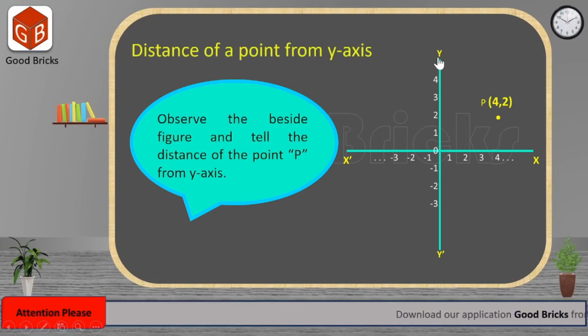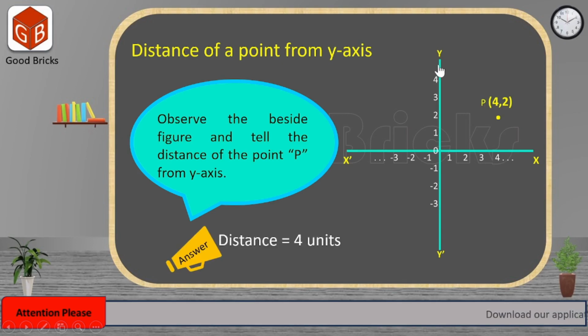Let us see here, this is the y-axis. From here to here, this distance is called distance of this point from y-axis. So 0, 1, 2, 3, 4. So 4 units is the distance of this point from y-axis. So this is how we need to find the distance of a point from x-axis and y-axis.